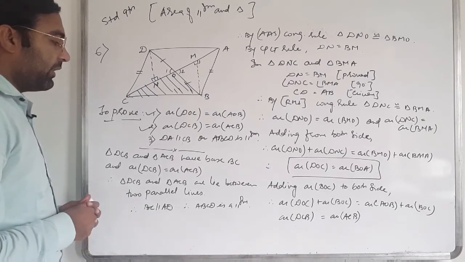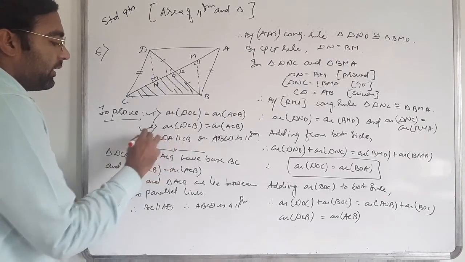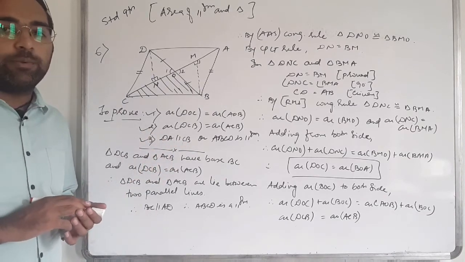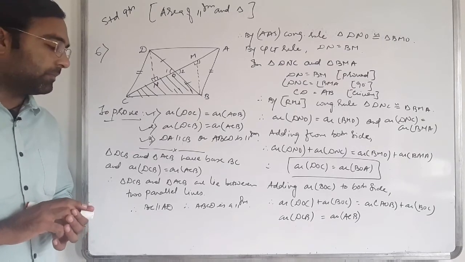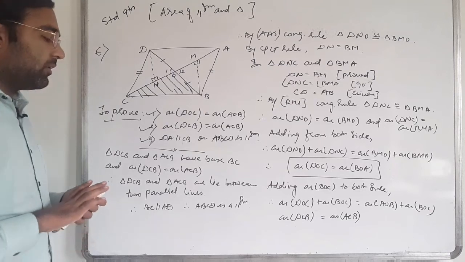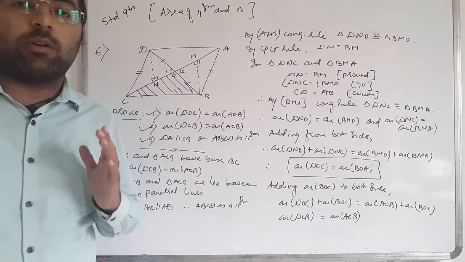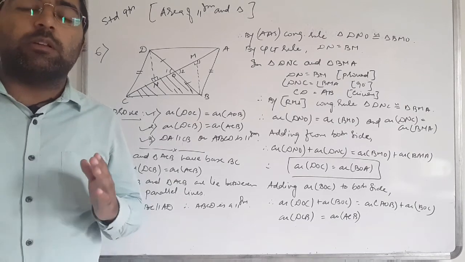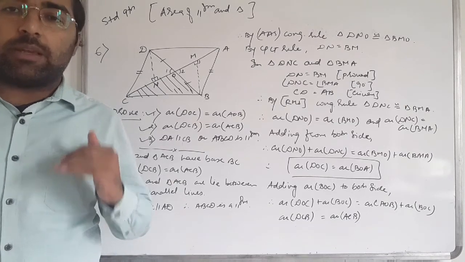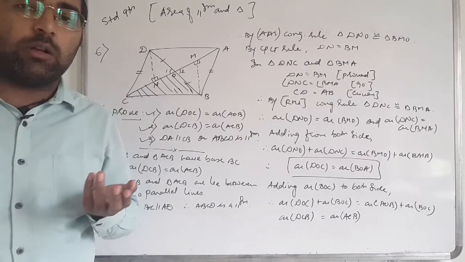Here our third thing, that BC is parallel to AD, I also proved here. Clear? In the previous things we also wrote that if two triangles or two parallelograms lie on the same base and between two parallel lines, then their areas are equal.